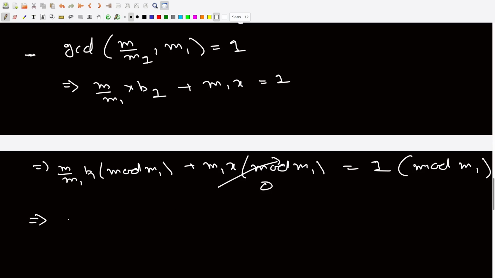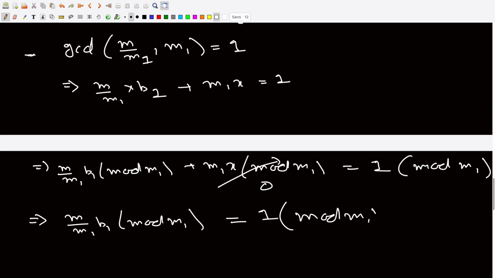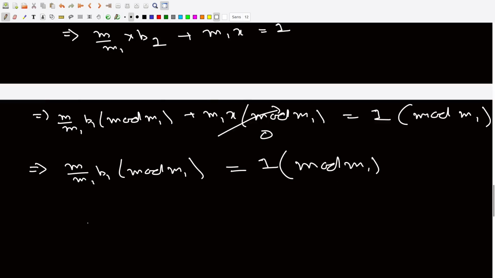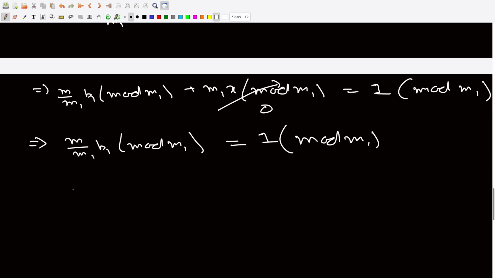So we can write this as m upon m1 b1 mod m1 equals 1 mod m1, and this as m upon m1 b1 is congruent to 1 mod m1.